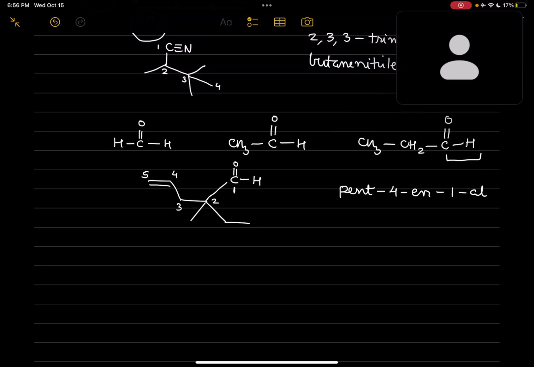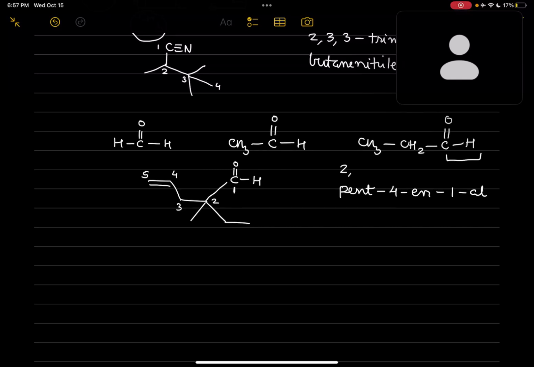Normally, if I don't put these locants, it will be pentenal. Earlier, the locants were put before the names, like 4-pentenal. Nowadays, we put them just adjacent to the part to which they are related. On the second position, you have two groups jutting out of the parent chain.